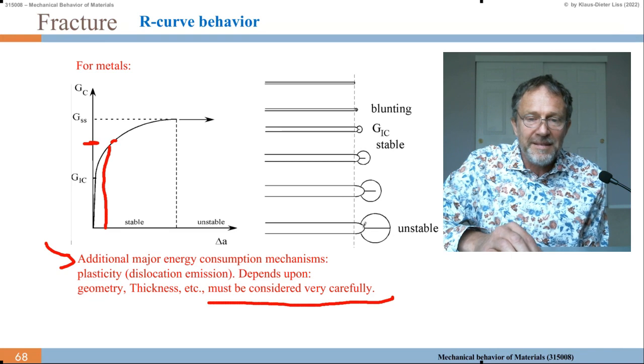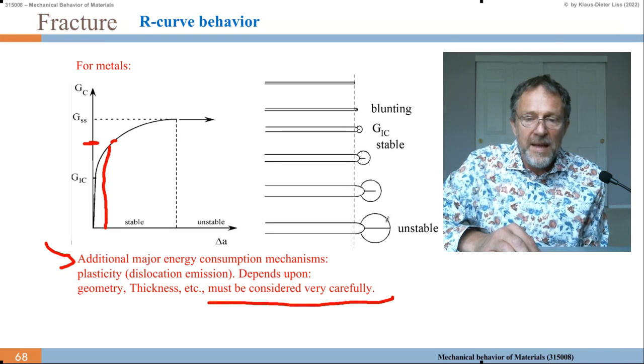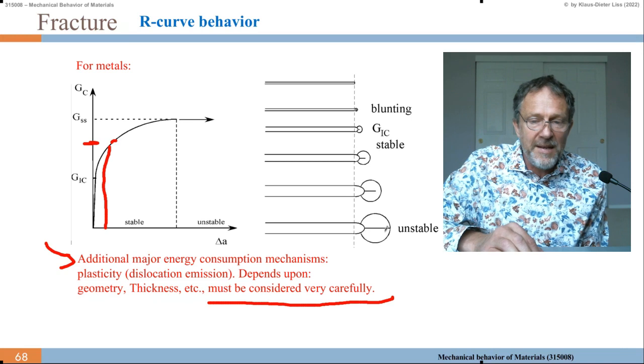But if the plastic zone is smaller or reaches the size of the length of the crack, so the crack goes through the whole plastic zone, I come here in a zone which is undeformed, and then it just goes and cracks, propagates and becomes unstable.